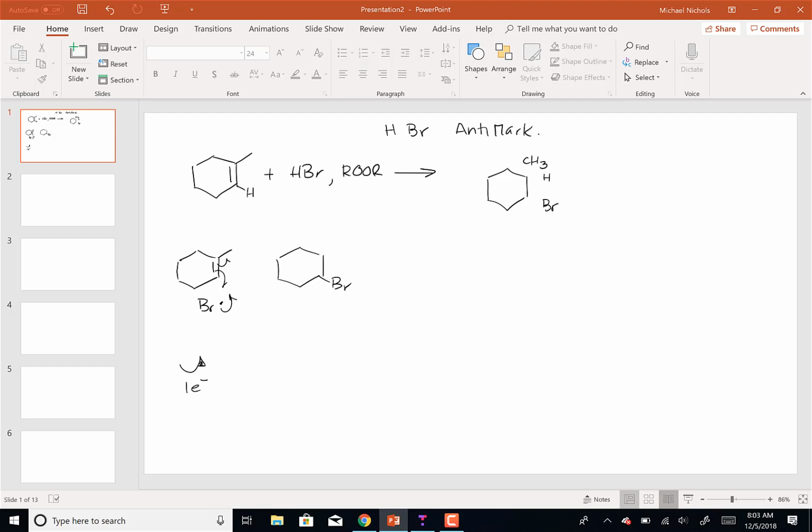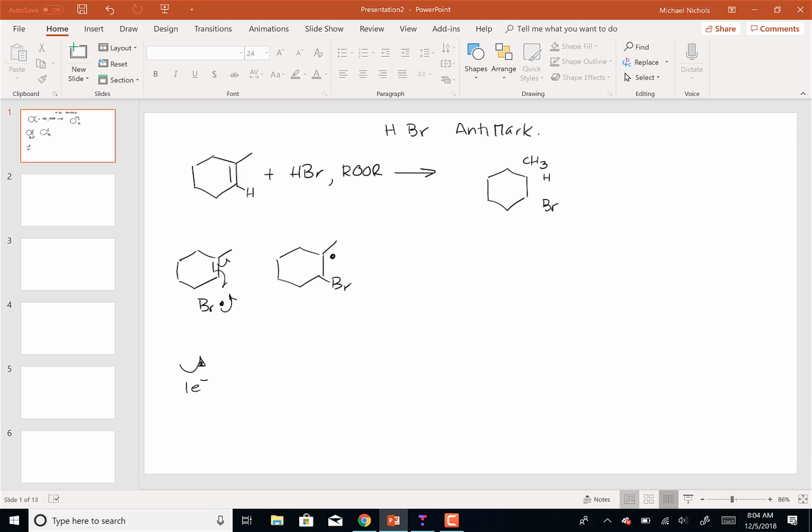So in this case, if I think about splitting the double bond up and giving each carbon an unpaired electron, the bottom carbon is going to pair up its unpaired electron with the Br dot to form the carbon-bromine bond. And so that's going to leave a free radical on the top carbon.